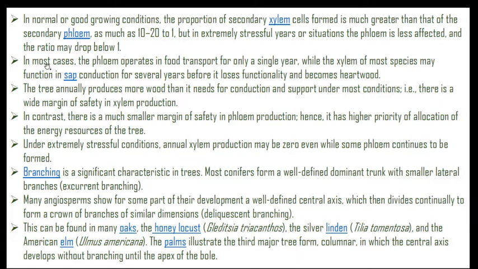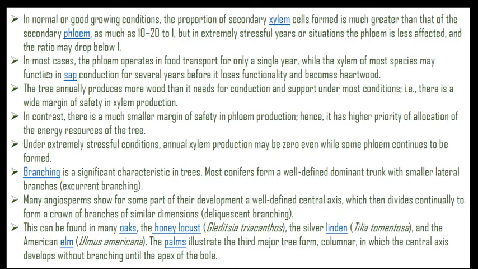So in most cases the phloem operates in food transport. First of all, the phloem is living cells which always participate in food transport, and xylem is non-living or dead cells which always participate in water and mineral conduction.